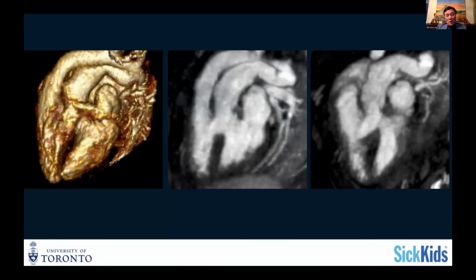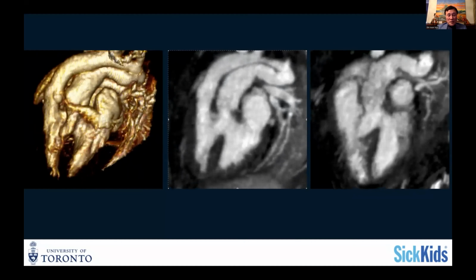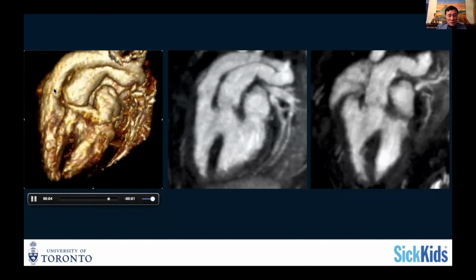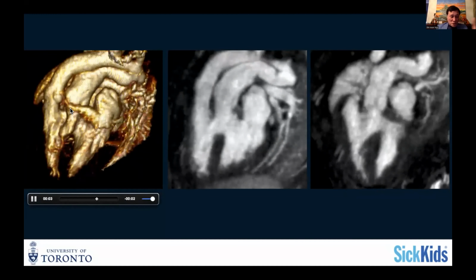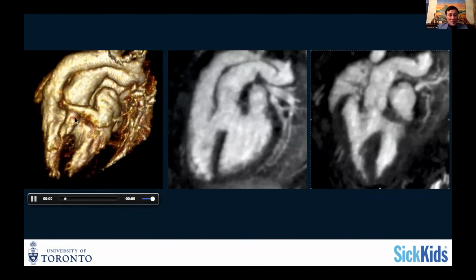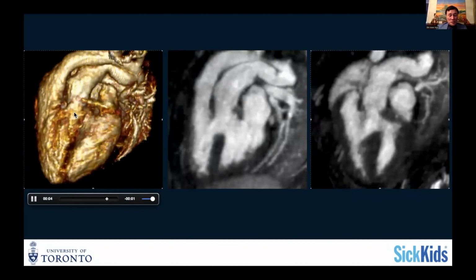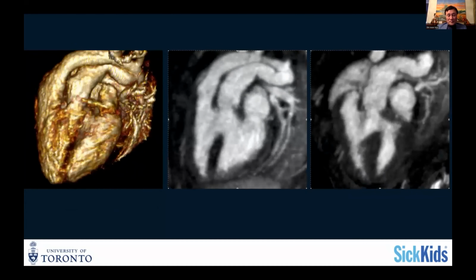So this is a long axis view of a case similar to the last one. You can see the left ventricle and right ventricle, the aorta here, the pulmonary valve here, and the infundibular septum just in front of the rest of the septum. And then this VSD is committed to the posterior semilunar valve, which is a pulmonary valve. Okay.